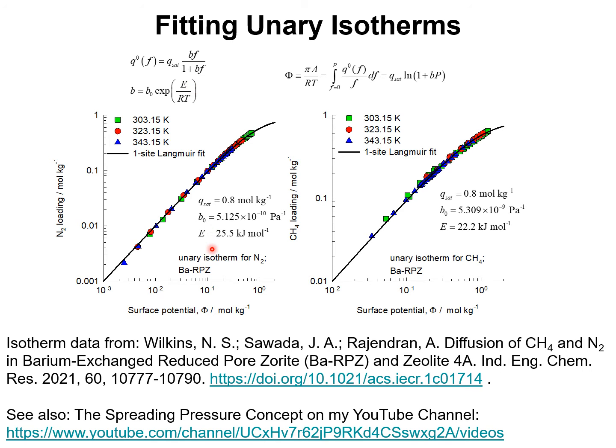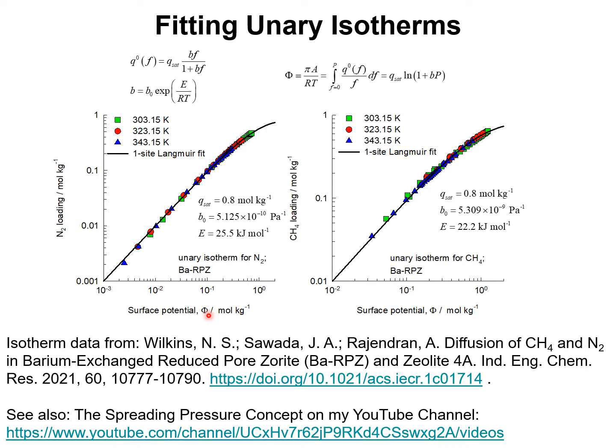This parameter E is identifiable as the isosteric heat of adsorption. These parameter values for nitrogen and methane are very close to the ones reported in this paper. But for the calculations I will be presenting in this presentation, I use these values as reported here.